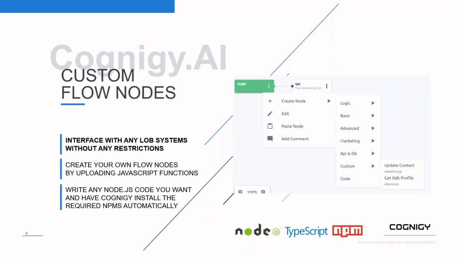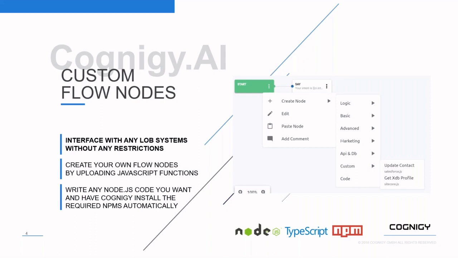So you can write your own flow nodes if you have an on-premise Cognigy installation, and you can hook them directly into the system. So with that, you just write a JavaScript class, or you can use TypeScript. You have access to the full range of NPM modules that are out there. And you can write that code and then hook this into the flow, and it will be executed at the position where the node is.